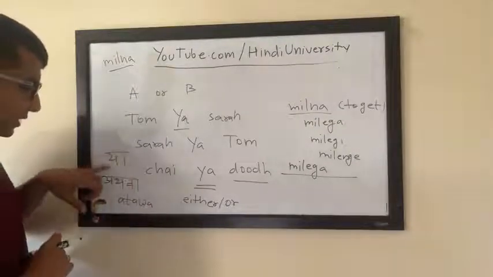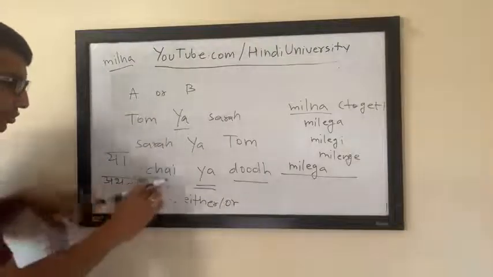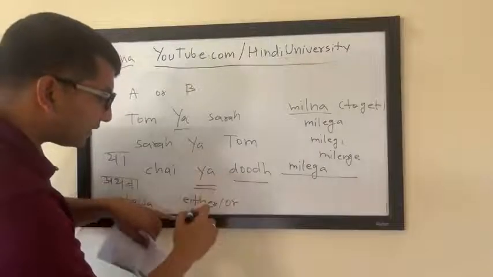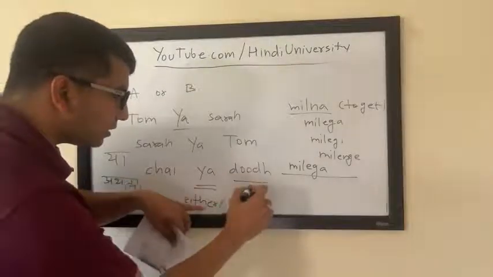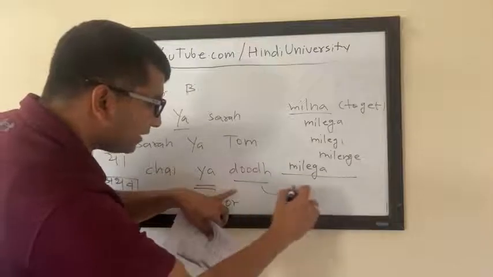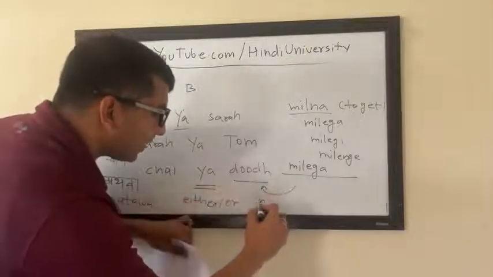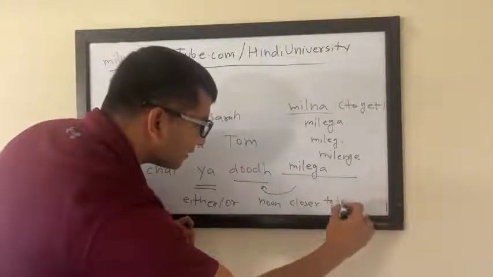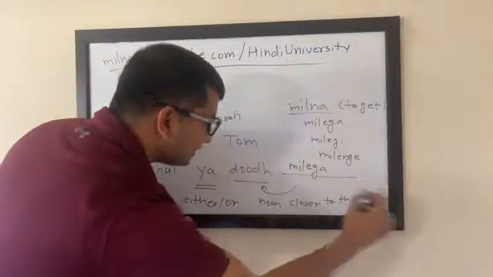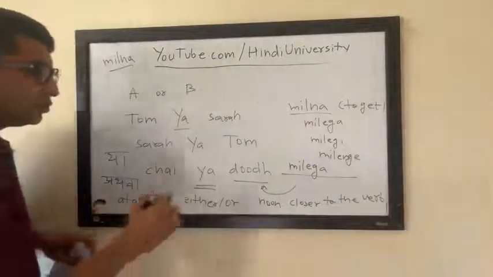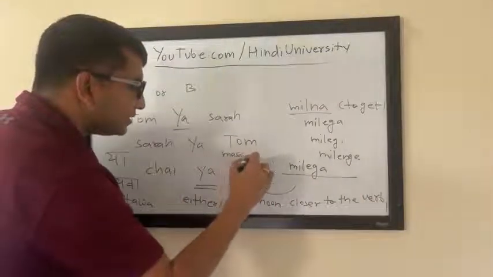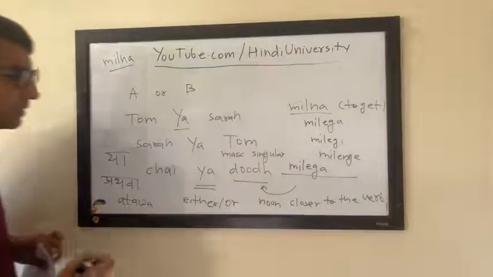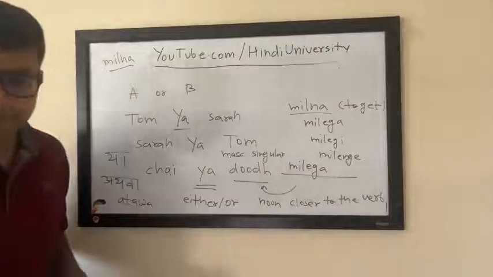Try to stick with the simpler one. So the rule, as Sarah mentioned, is when they are separated with or, the verb is conjugated with the noun closer to the verb. So doodh is close to the verb. Doodh is considered masculine singular. That's why it's used as chai ya doodh milega.